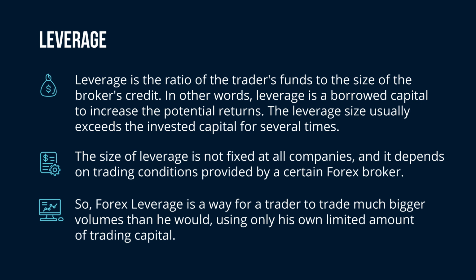Forex is the market where banks are trading, so they're not interested in very small trades. The minimum is 0.1 lot or 10,000 units. So then there is a question: how can I buy 10,000, let's say, dollars or any other currency if I have just $500 on my account or even less?